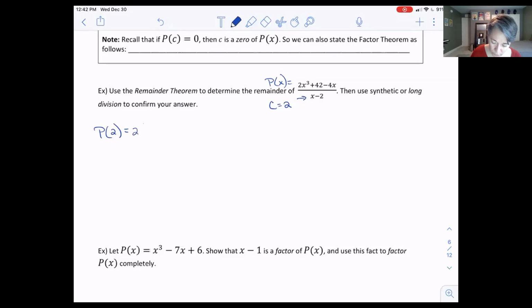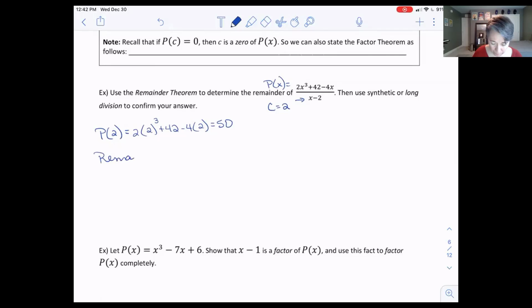We will get 2 times 2 cubed plus 42 minus 4 times 2. And if you simplify all of that, we would get 50. That means if we were to divide that binomial x minus 2 into the top polynomial, we would get a remainder of 50.